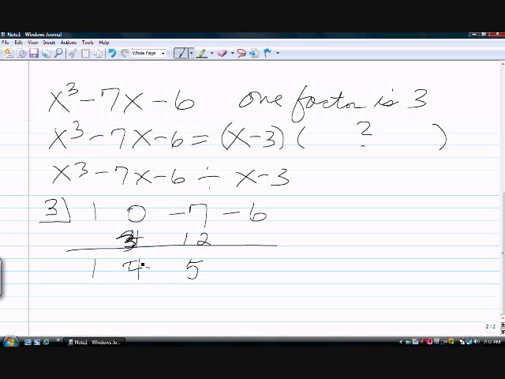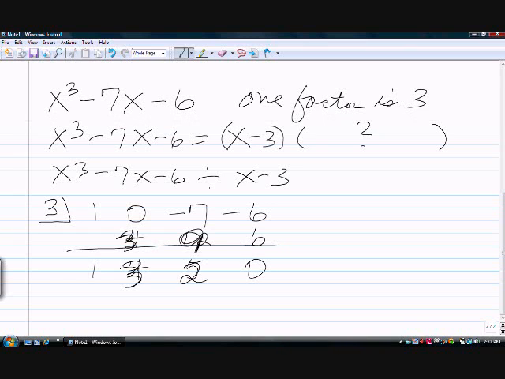0 plus 3 is 3. 3 times 3 is 9. There we go. 9 plus negative 7 is 2. 3 times 2 is 6. And negative 6 plus 6 is a remainder of 0. Whew, there we go. Survived that one.